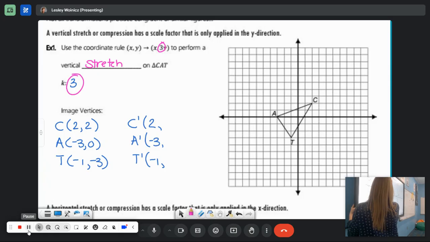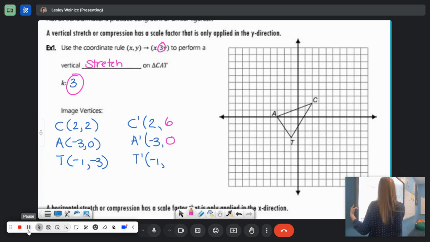So 3 times 2 is 6. 3 times 0, still 0. So just like when our point is on the line of reflection, it doesn't change spots, it maps onto itself. Just like when our point is the center of rotation, it stays where it is. Okay?